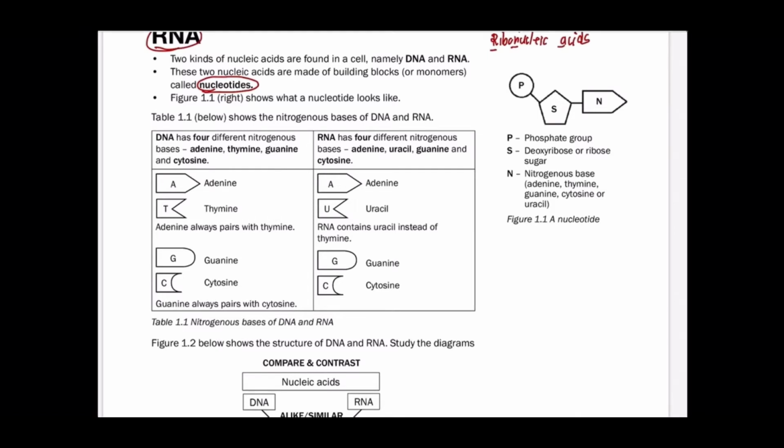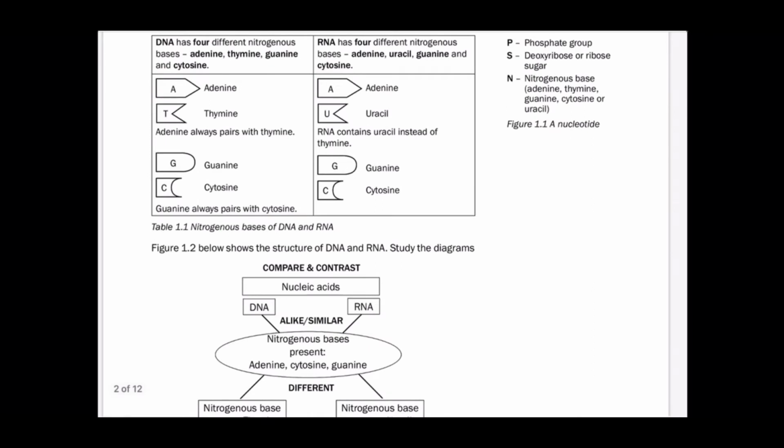So a nucleotide is made up of 3 parts. It is made up of a phosphate group, a sugar, as well as a nitrogenous base. There are basically 5 nitrogenous bases that you need to know. And if you know these 5, there's no way that you will ever get a question about nucleic acids wrong.